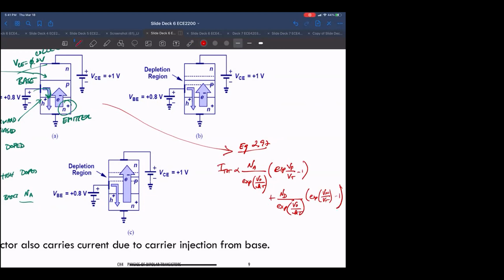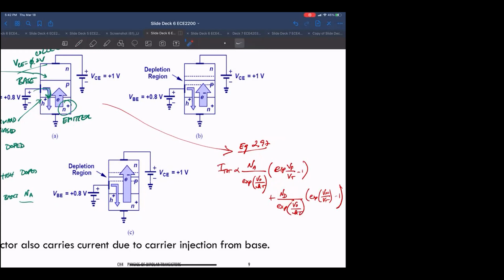So this is from chapter 2, talking about the forward bias current flow across a junction. You notice this is the forward bias voltage, which is the same for the P and the N side, and this is the built-in potential, same for the P and N side. So what you're left with is that the hole current is proportional to the number of acceptors in the P region, and the electron current is dependent on the dopant concentration in the N region.